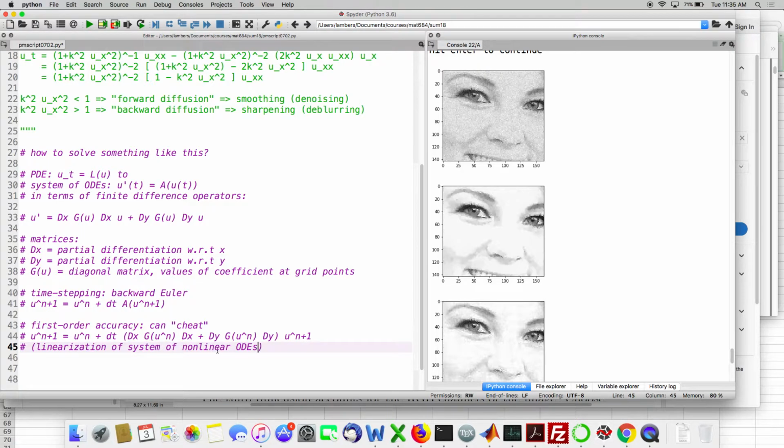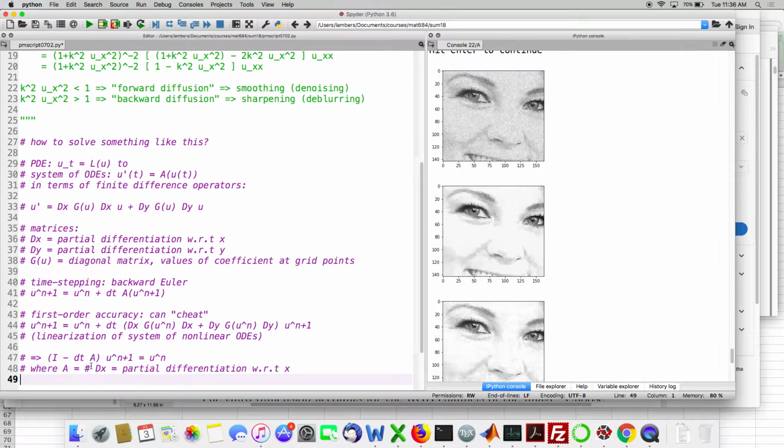So what I can do now is, I can do this. Identity minus dt times all of this. Well, I'll just abbreviate it A. A is equal to all this.